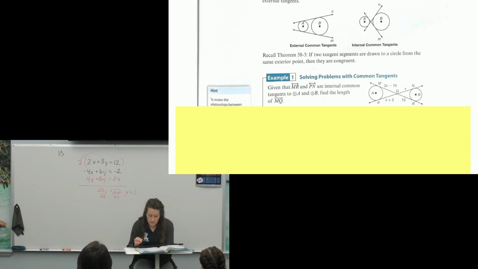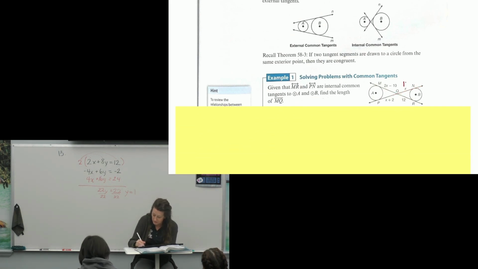Okay, since the two segments tangent to the circle from the same exterior point are congruent, NQ is congruent to RQ. That's why I would think it would be 12. Oh, it is. Okay, so X is 12. That's what I thought at the beginning.